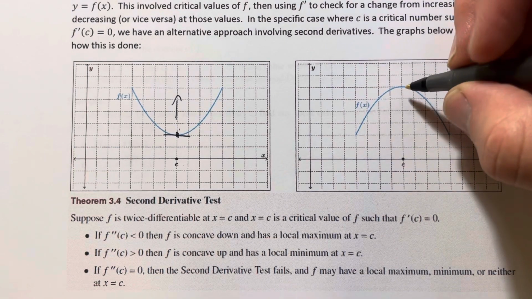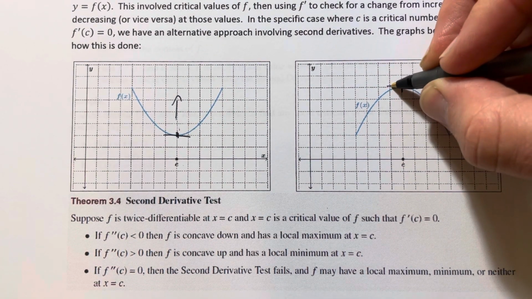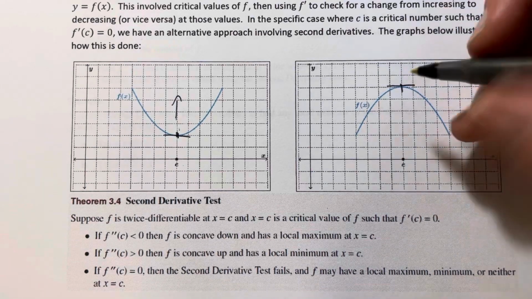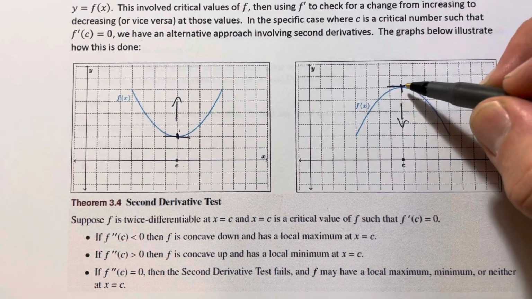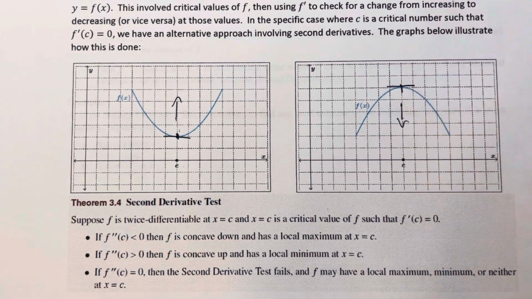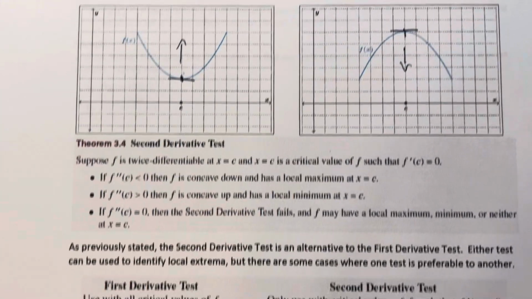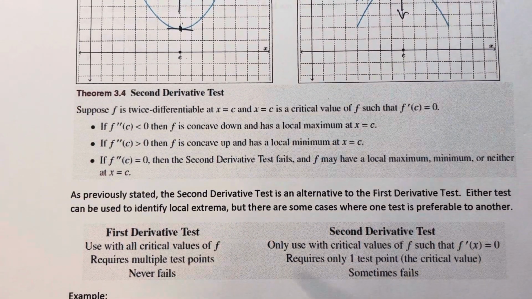Notice in this other graph over here, where I have a local maximum right there, again at a critical value where I have a horizontal tangent, this graph is concave down, creating this hilltop of sorts, and it's at the top of that hill that we had our local maximum. So we can use concavity to come to the same conclusions that we came to during the previous section when we did the first derivative test.